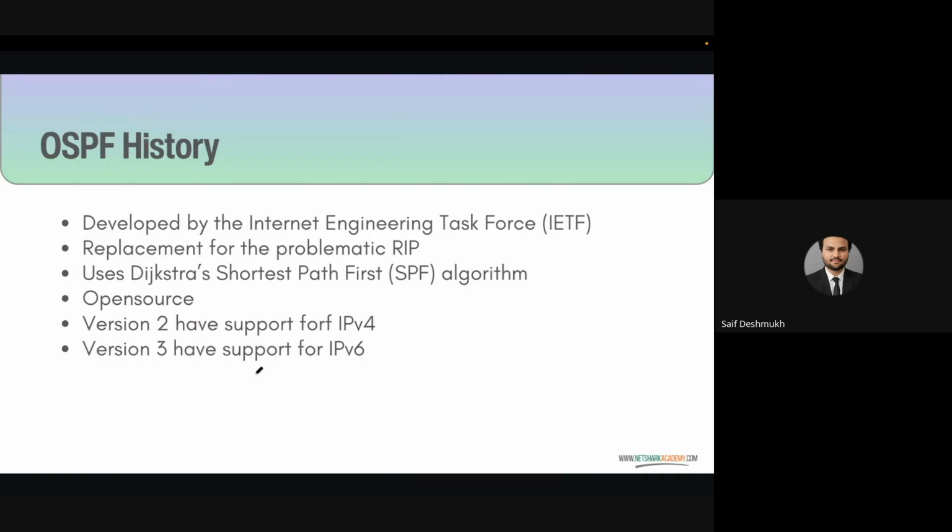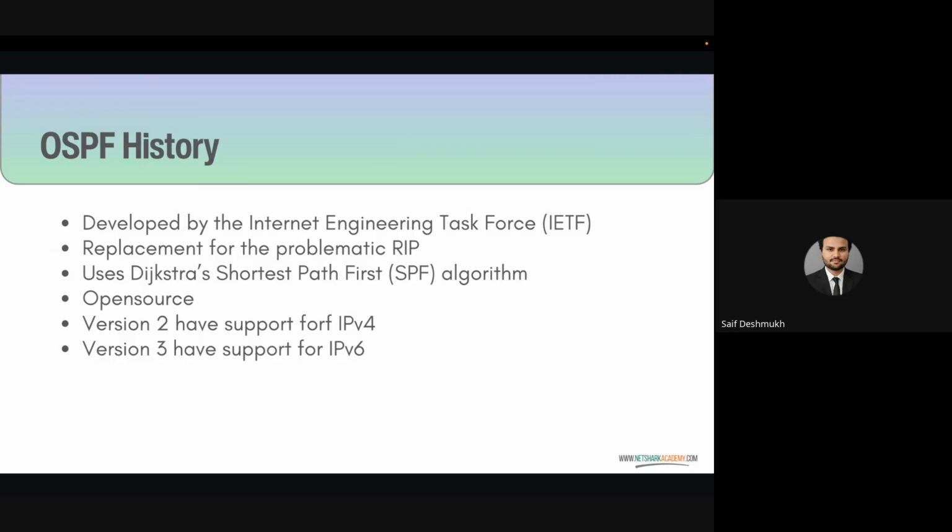If you know about OSPF, it was a big change in the network industry. It was developed by the IETF and was supposed to be an open standard replacement of RIP. We understood its limitation, right? As a pure distance vector routing protocol, it had limitations on how far it could perform the routing.